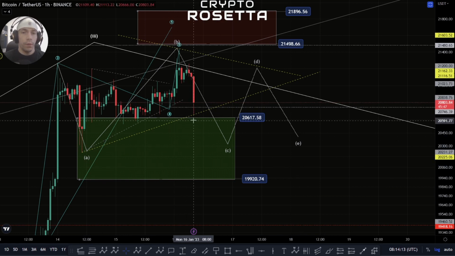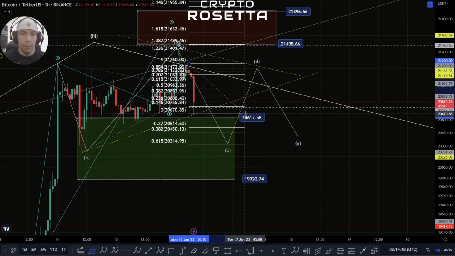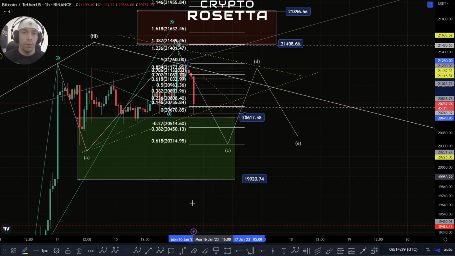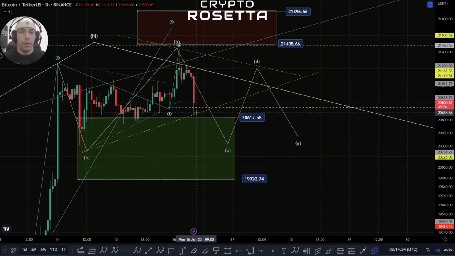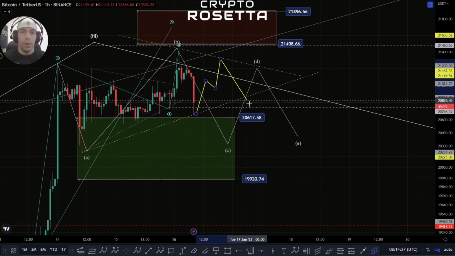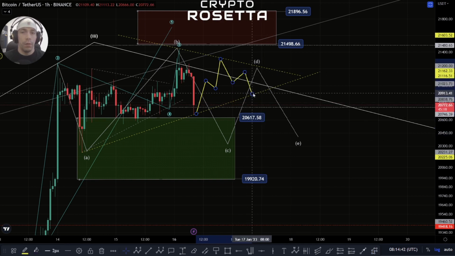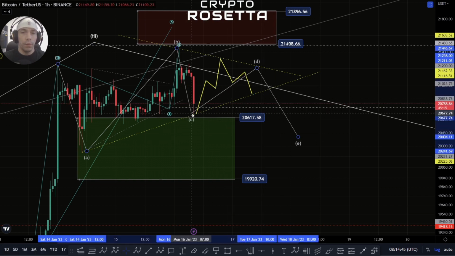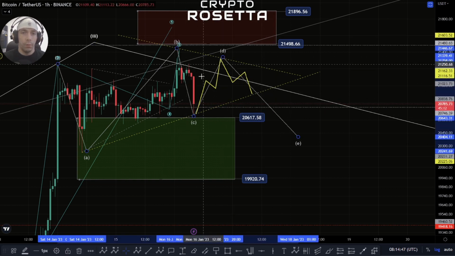So if we fail to progress down with another fourth wave, and we come back above this zone here of this 21,132, it is possible that actually we've completed into here, and we could form an additional leg to the upside, where we just form another structure here as an ABC, and then we form another one to the downside as an E wave, and then we actually look to push up from there. So we need to give it a bit of time. I don't want to call this as a completed move yet, in case it does have further extension within this.